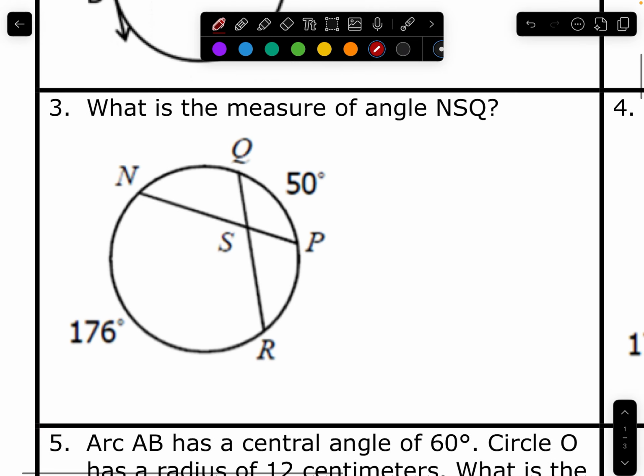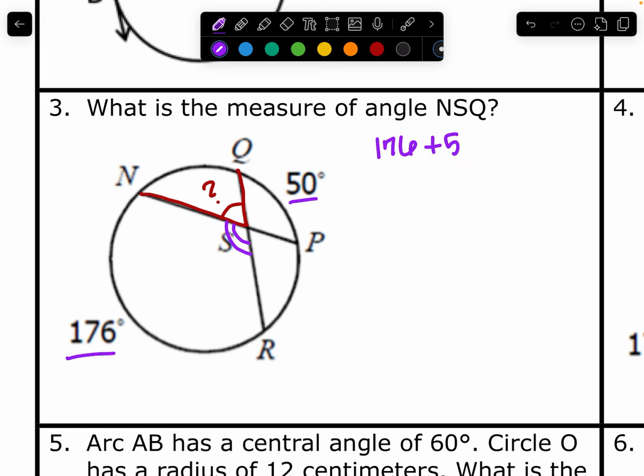Number 3, what is the measure of angle NSQ? All right, to figure out NSQ, we can use this 176 and this 50 to find NSR, which is right there. We're going to use the interior angles formula where we add the two arcs and then divide by 2.